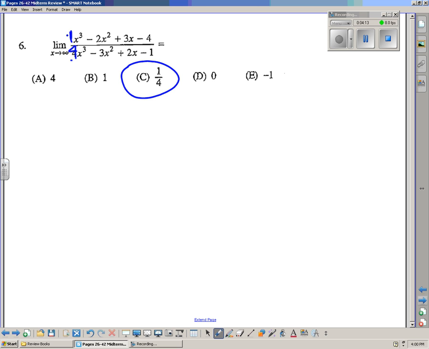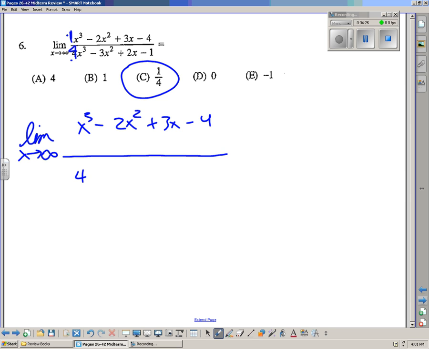If you want to do this the more analytical way, what I taught you at the beginning of the year was to divide every term by the highest degree that you see in the denominator, which is x cubed. And this will help you see better what is significant and insignificant.